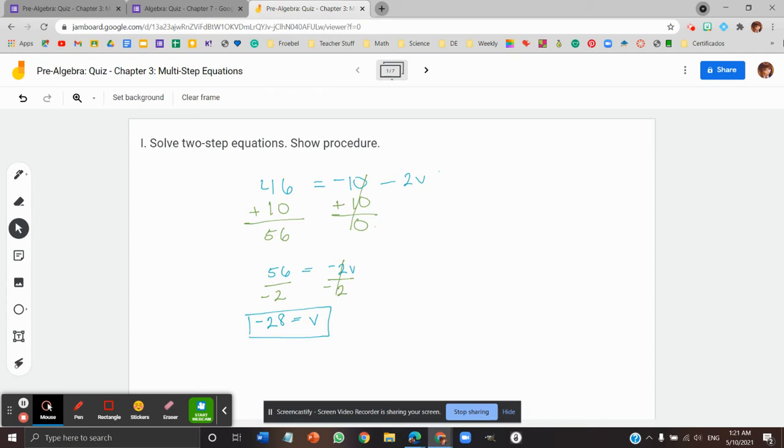Again, I can check this, of course. It's going to give me a different number now. But again, I can check them by rewriting my original equation and just substituting the variable.